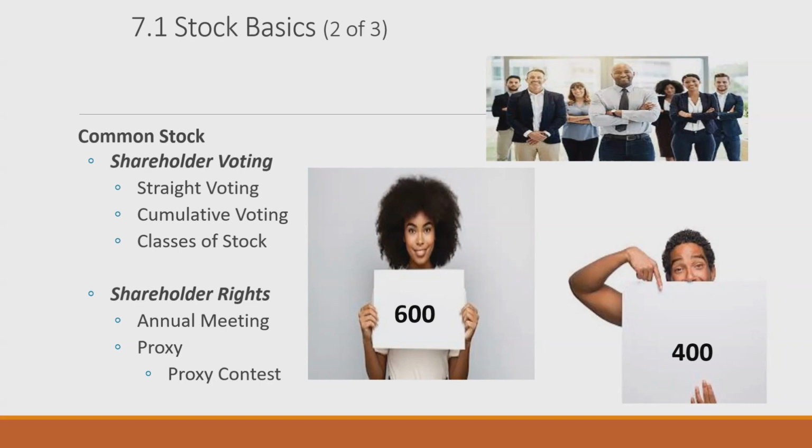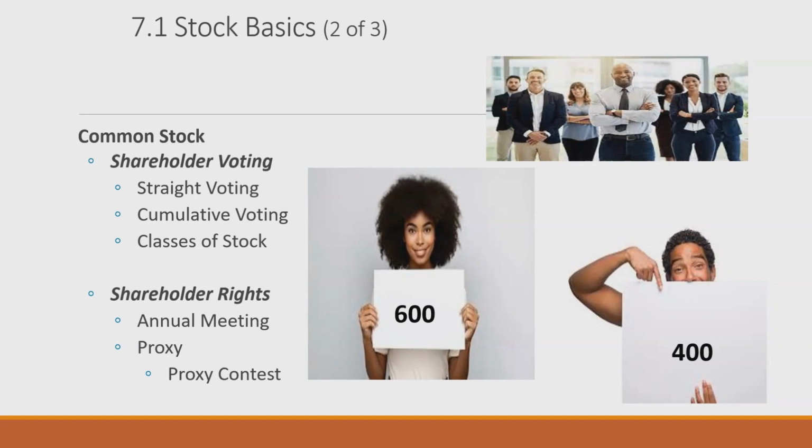However, some companies feature multiple classes of common stock with varying voting rights. Now, this practice is common in family-run businesses or those where the founder retains significant influence.